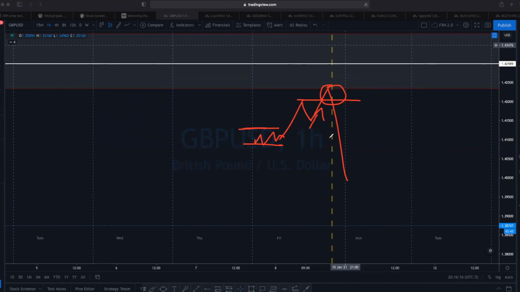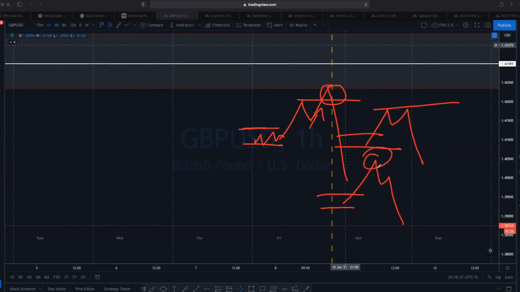So what's the difference between them doing that versus doing this on a type 1? It's because they already have the people. They already have enough people trapped, so they don't need to go all the way back up. They go all the way back up and let people out with a break-even trade. The only thing we can use to try to identify this is the behavior of the candlesticks that they present.